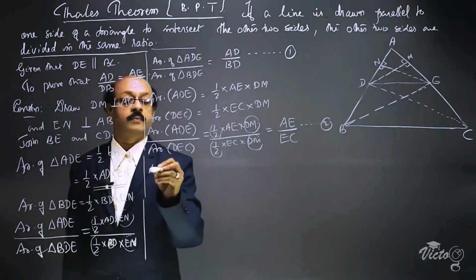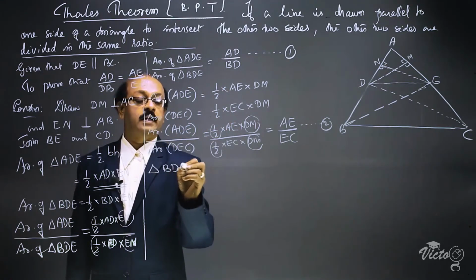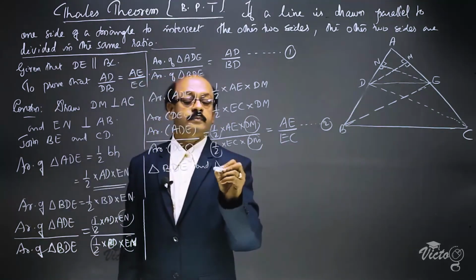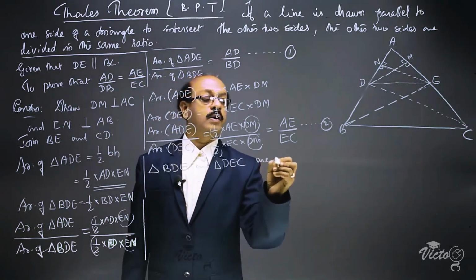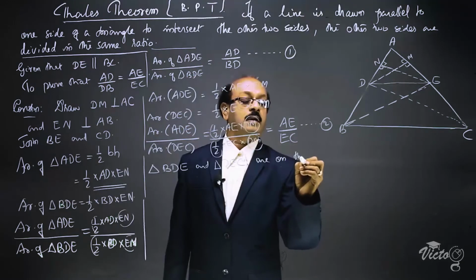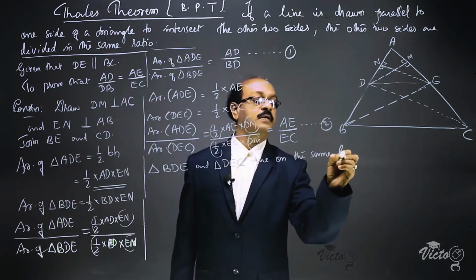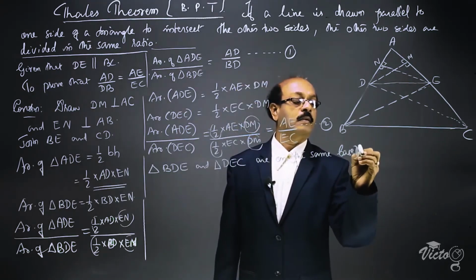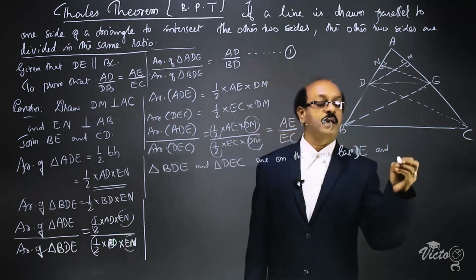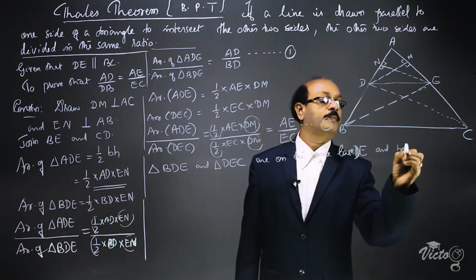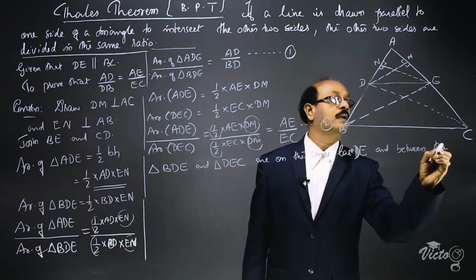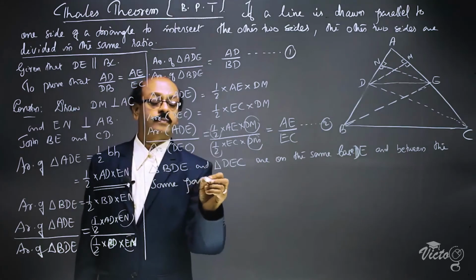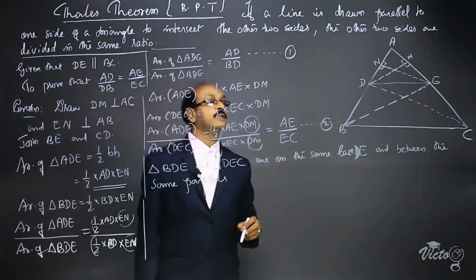Triangle BDE and triangle DEC are on the same base DE, and between the same parallels DE and BC.